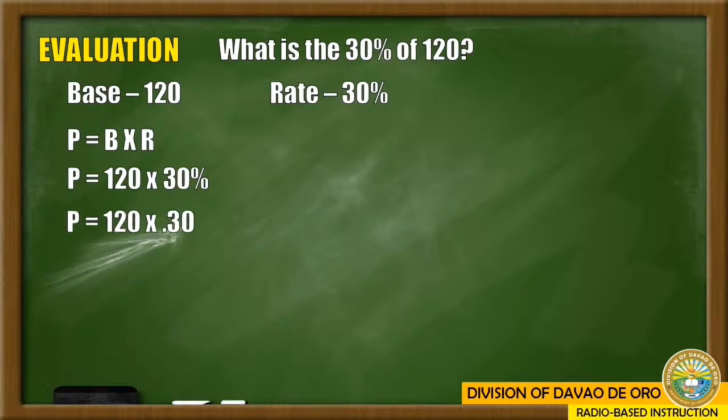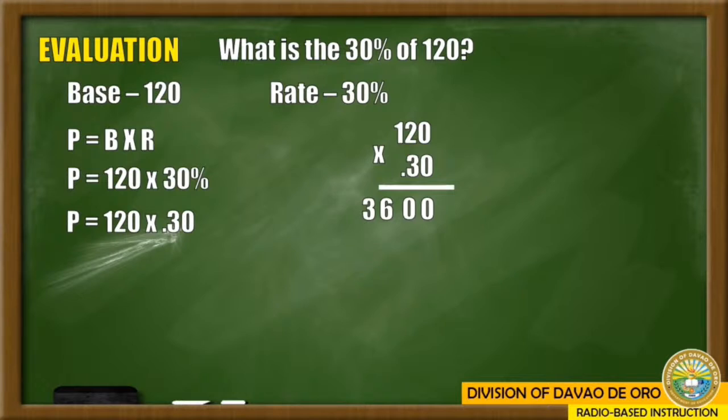Then convert the percentage into decimal form, which is 0.30. Then we will solve. So 120 times 0.30 is equal to, we will bring down 2 zeros. Then 3 times 2 is equal to 6. And 3 times 1 is equal to 3. Then, of course, we have 2 decimal places.